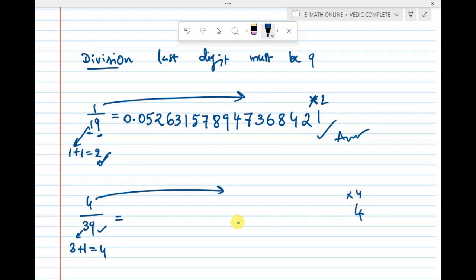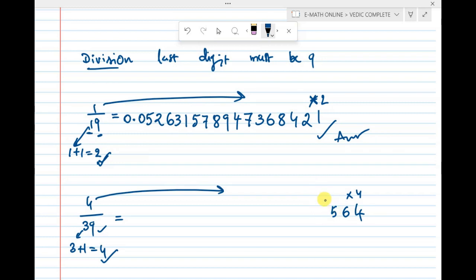So you are going to multiply by this 4 each time, right? So 4 fours are how much? 16. So 1 should be kept in your mind. Next 6 fours are 24, and that 1, 25.